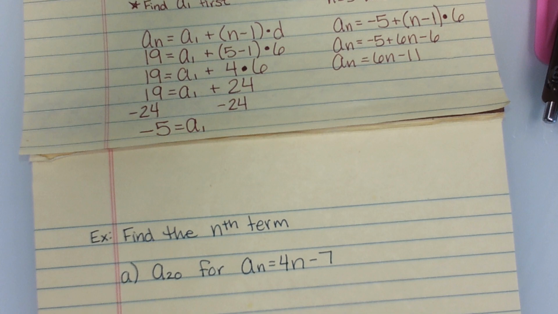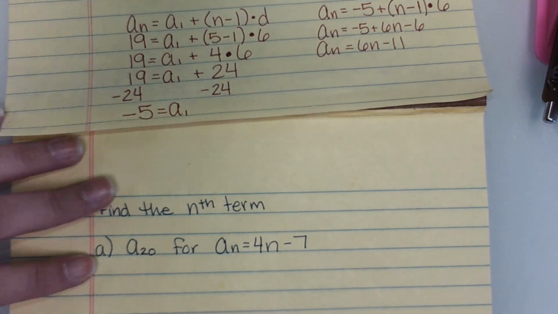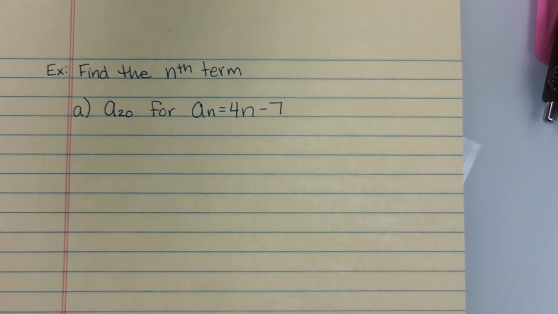They could do this a lot of different ways. One option is they tell you exactly what term they're looking for, a sub 20, when a sub n is equal to 4n minus 7.